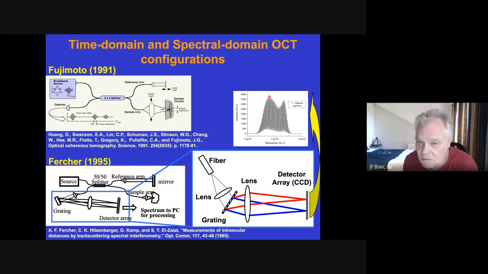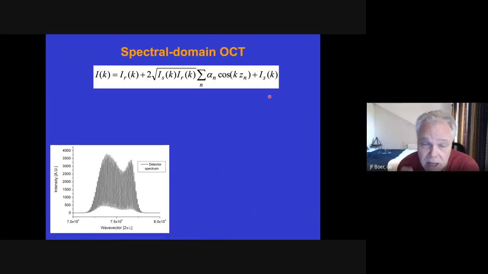And for this second maximum, it means that this wavelength, which is different than the one before, but also this wavelength fits in integer times on the path length difference between the sample and reference arm. So we can cast that in a formula, and we can look at the intensity that we measure in the spectrometer as a function of wave factor.